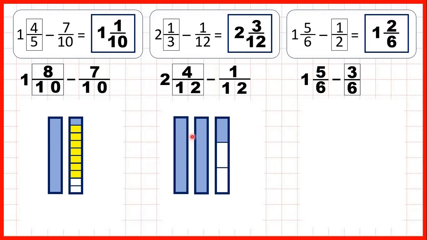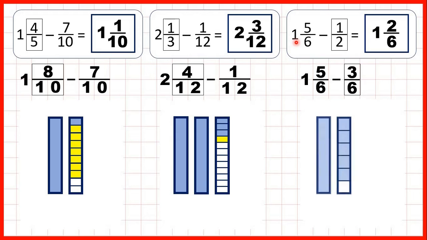Then we had 2 and 1/3, but we needed to subtract 1/12. So we changed that third into 4/12, and when we subtracted 1, that left us with 2 wholes and 3/12 as our answer.